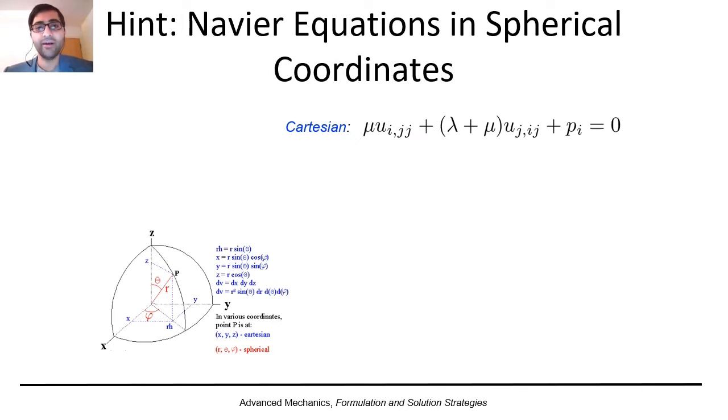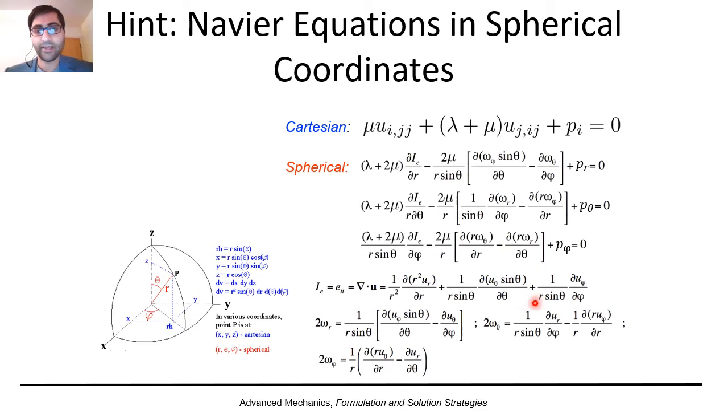The Navier equations in spherical coordinates take this complex form. Note that we have omega theta, omega r, and omega phi that need to be substituted in these equations.